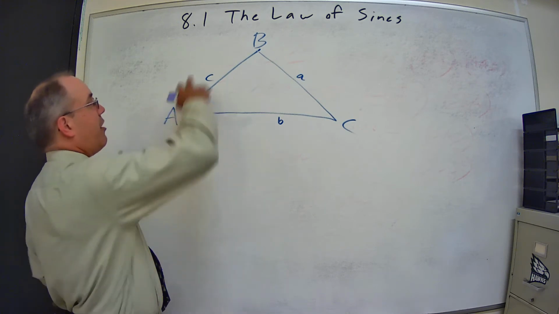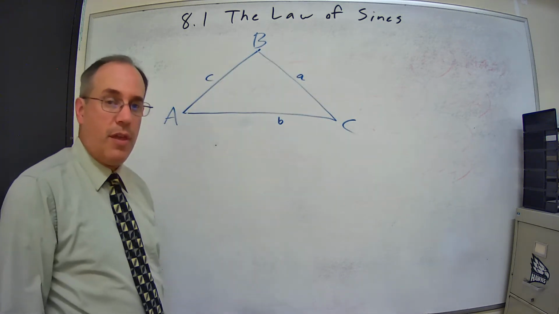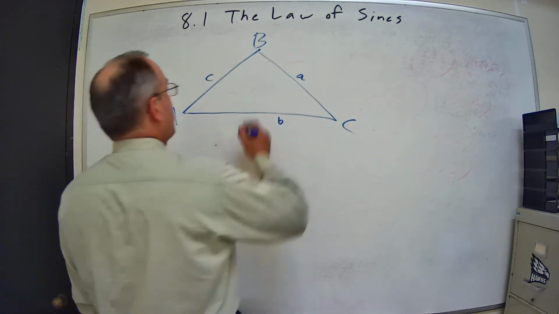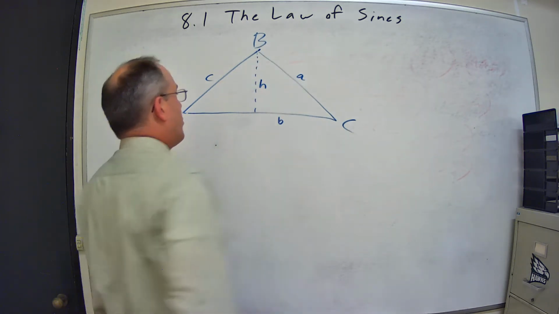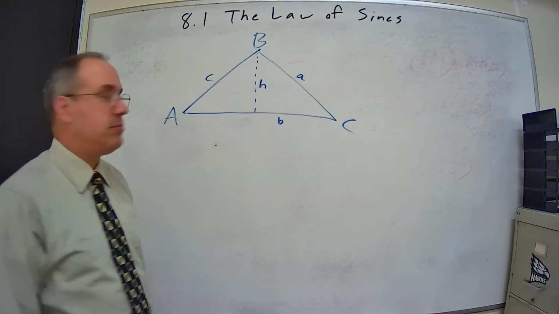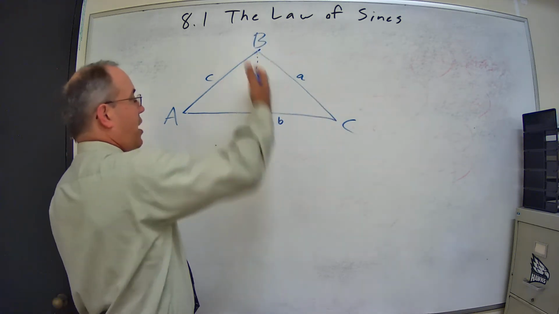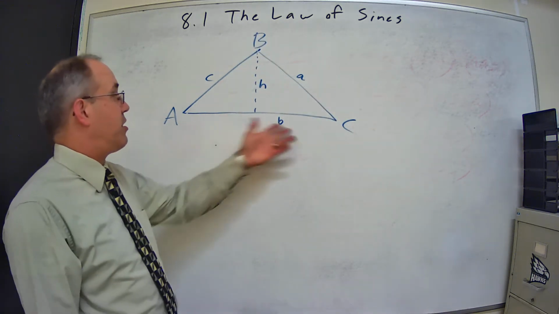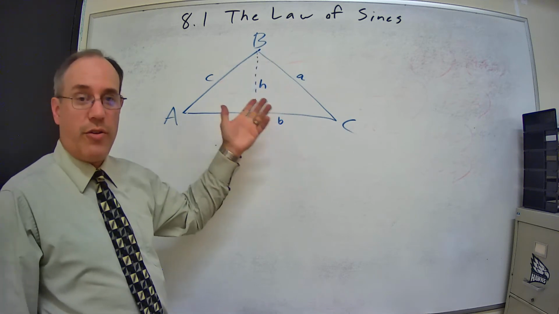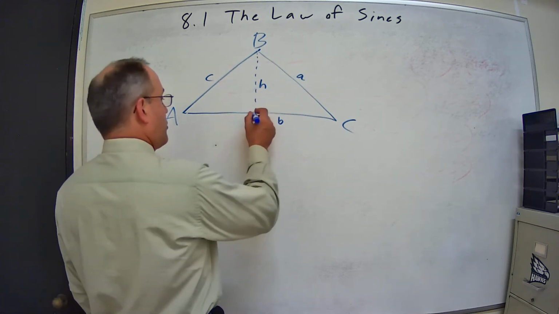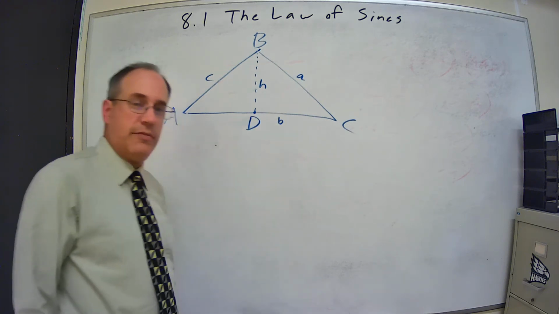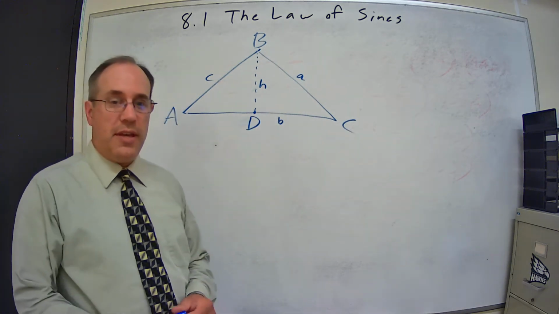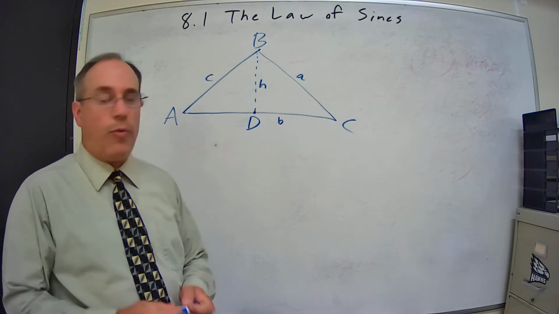So now we've got our triangle ABC. What I'm going to do is put a height h here, because we know if you have a triangle, you can find the area of the triangle if you have the length of the base and the height of the triangle, right? And I'm also going to take this point right here and call it D. And that'll become apparent in just a moment why I would do that.